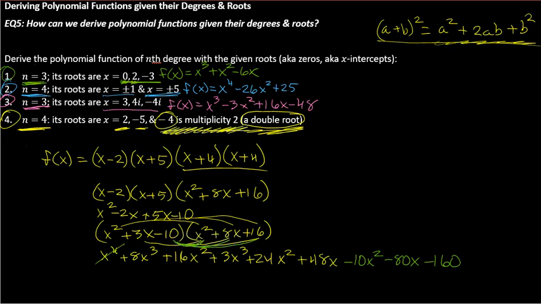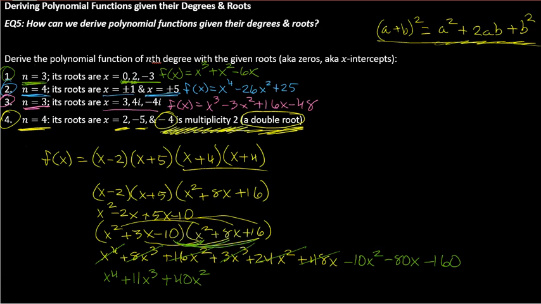So x to the 4th, it's not going to combine with anything. We have x to the 3rd, 3x to the 3rd, so that's going to be plus 11x to the 3rd, 16x squared, 24x squared. That's going to give me 40x squared. Okay, 48x. We forgot the minus 10x squared. Dag nabbit.